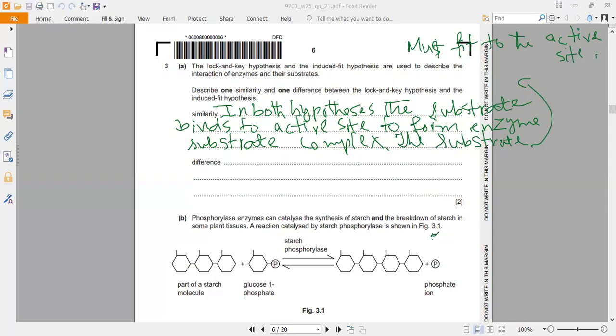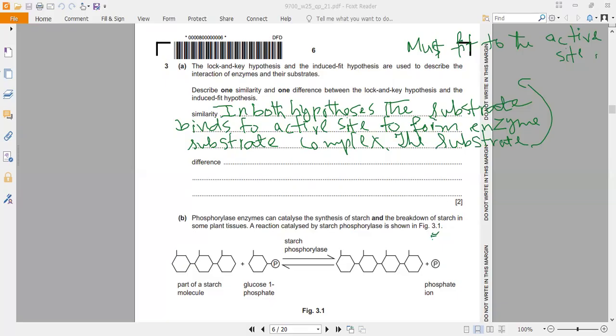So the difference is, in the lock and key hypothesis, the active site is a rigid fixed shape that is perfectly complementary to the substrate before they even meet. Whereas in induced fit, the substrate enters the active site, which changes shape slightly to mold more tightly around the substrate, improving the fit and putting strain on the substrate.